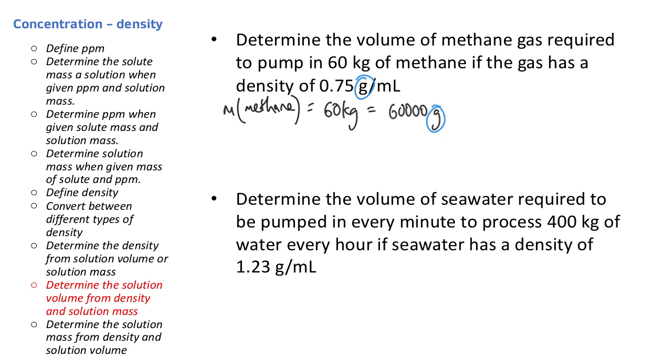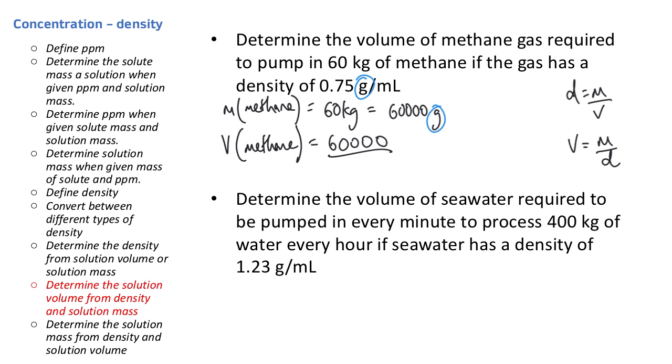Okay, so therefore, now that I've got that in grams, I can work out the volume of the methane by rearranging the density equation, right? So remember, D is equal to M over V, therefore V is equal to M on D. So mass, 60,000 over 0.75, which is 80,000 mils, which happens to also be 80 liters.